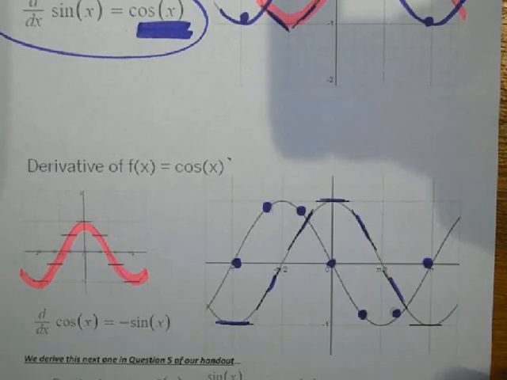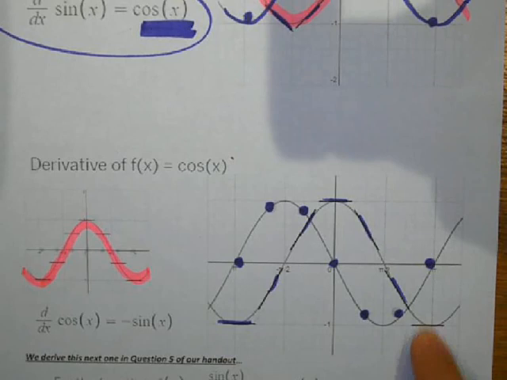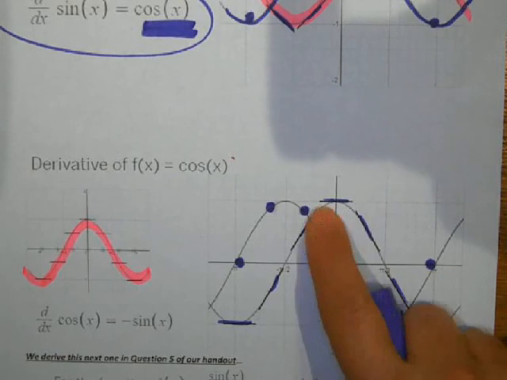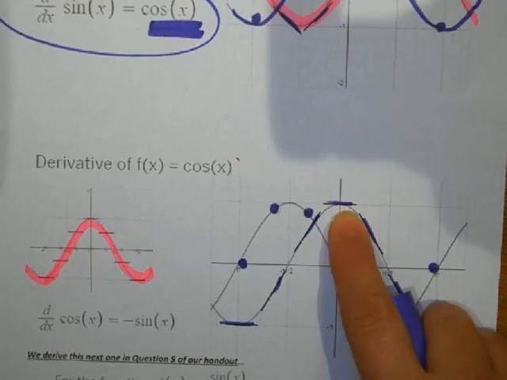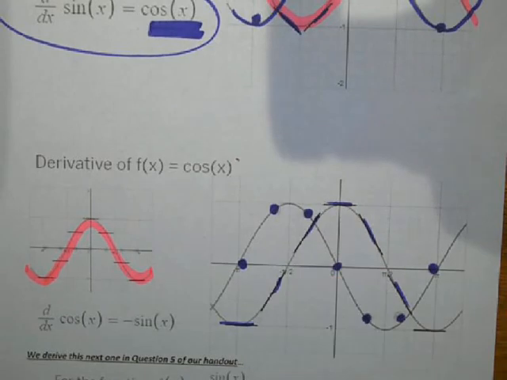For example, at pi, the slope is 0. Since the slope is 0, I'm going to be hitting the x-axis at pi. Since here the slope is 0, that means I'm hitting the x-axis here at the origin, and so on.